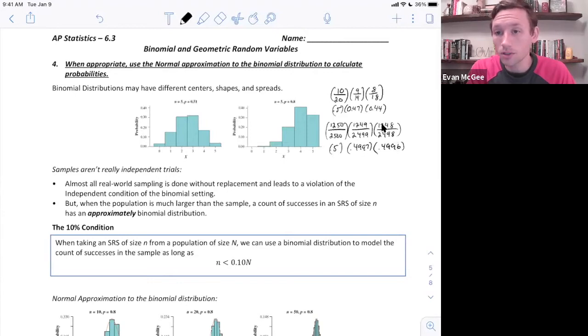Then for the third person, it decreases again, but it's still not as significant a decrease as when the population size was only 20. Now I've increased it to 2,500. And so those trials are still not independent, but the probability change is so minor that it doesn't influence our final result that much.